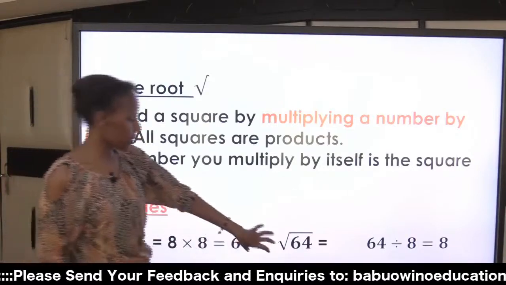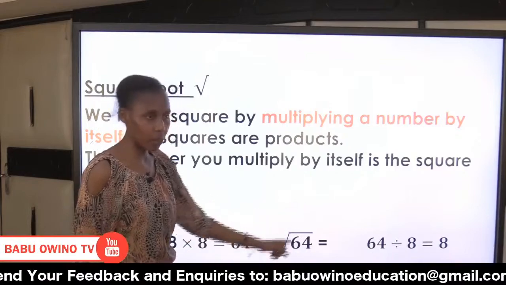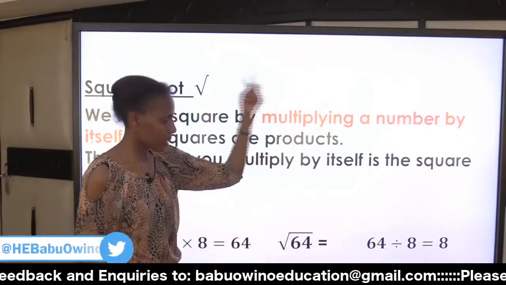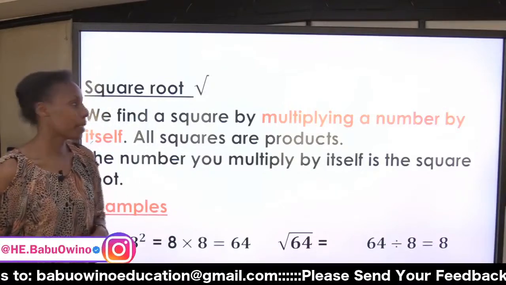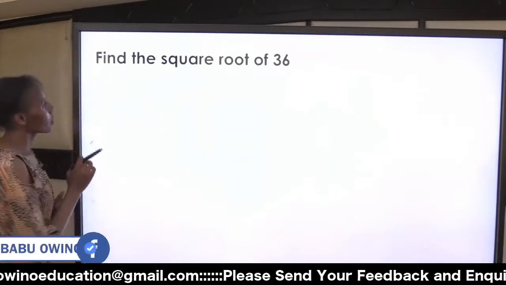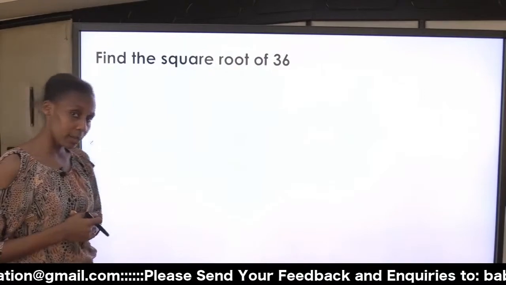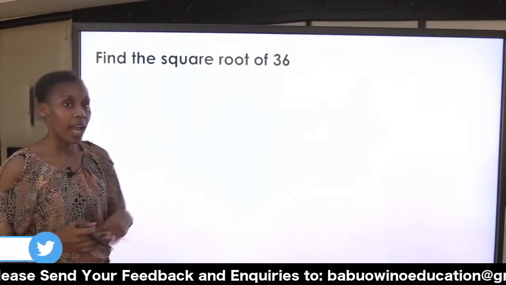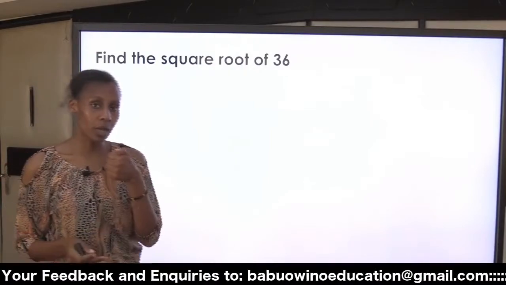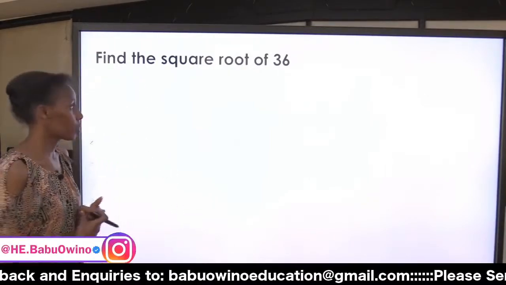But that 64, when I look for the square root of that 64, I should be able to get 8 that I squared initially. We shall do that by using a method called prime factorization. I believe you encountered it earlier, and in our today's lesson we shall look deeper into prime factorization.